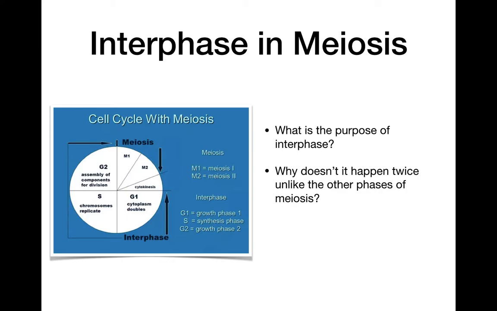Why doesn't it happen twice? Other phases of meiosis happen 2 times, right? We have prophase, metaphase, anaphase, telophase 1, prophase, metaphase, anaphase, telophase 2, but we only have 1 interphase. Why is that? Remember, the goal of meiosis is to produce haploid cells.